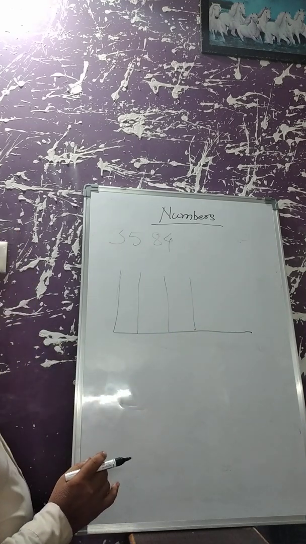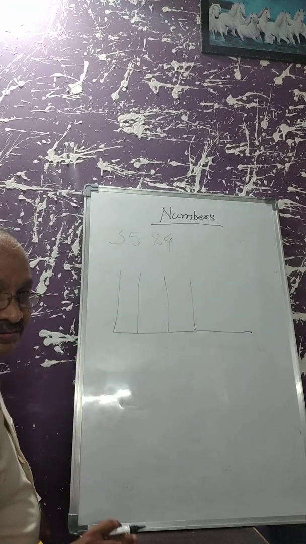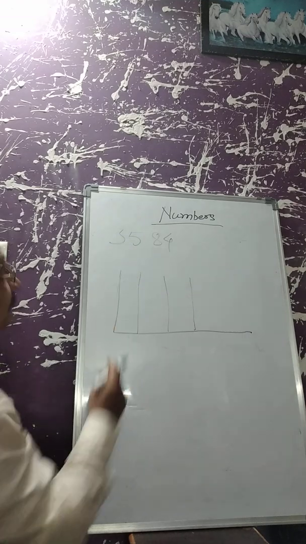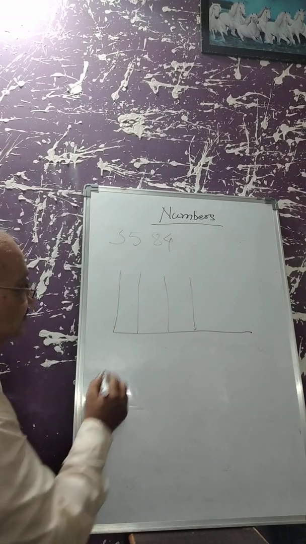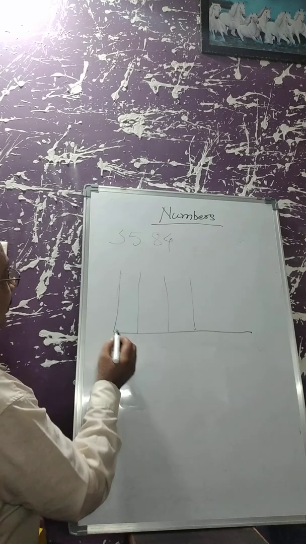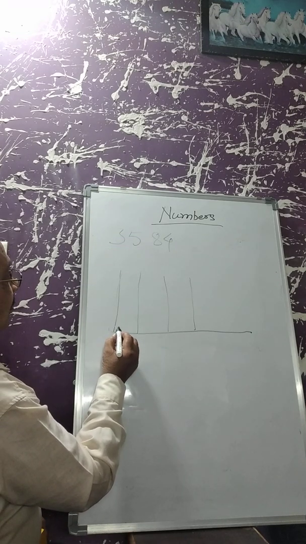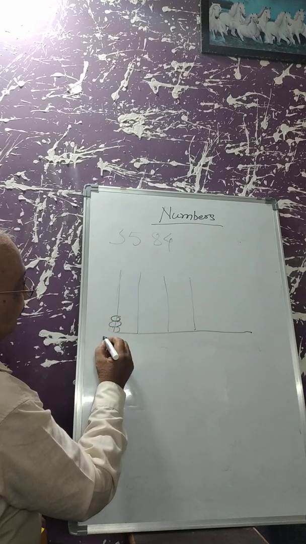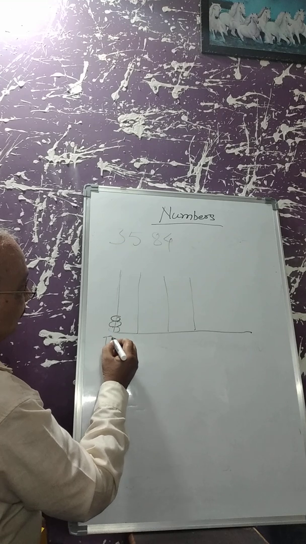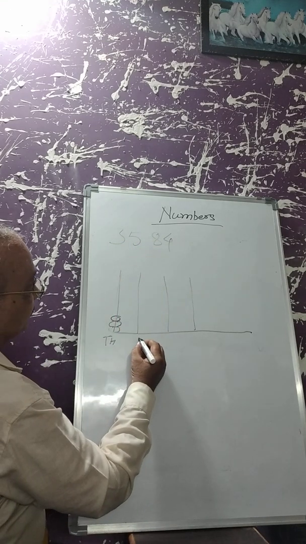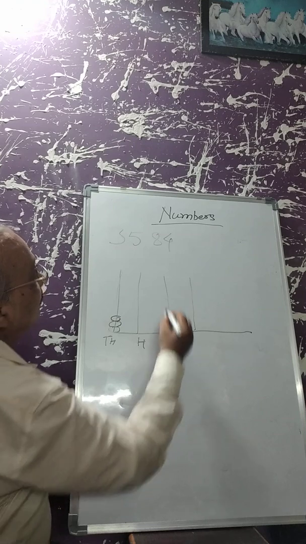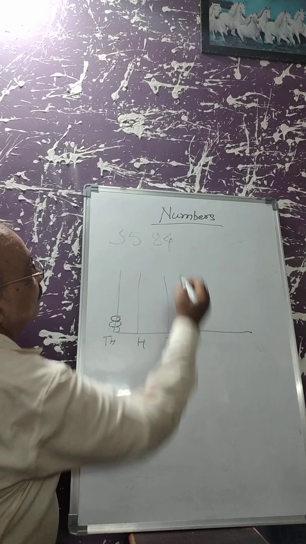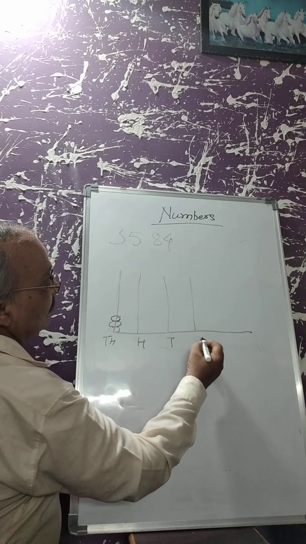In all the sticks, we have to put the beads, plastic beads. Suppose for 3, beads will be there. 3 is at the place of 1000, 5 is at the place of 100, 8 is at the place of 10, 4 is at the place of 1.